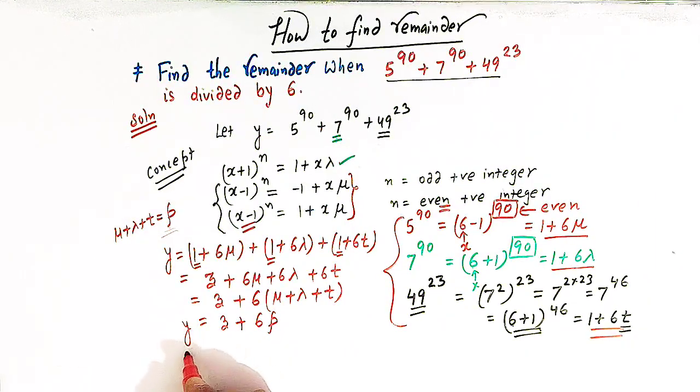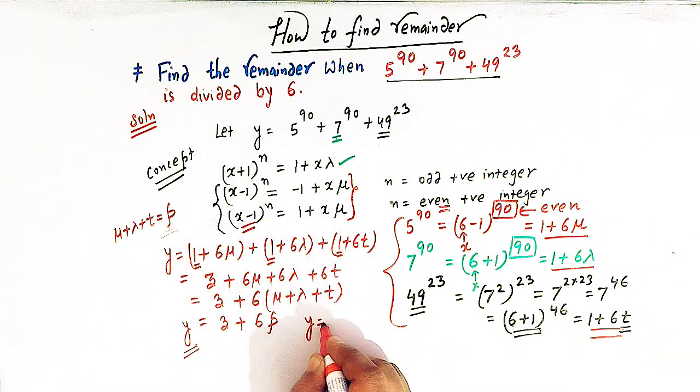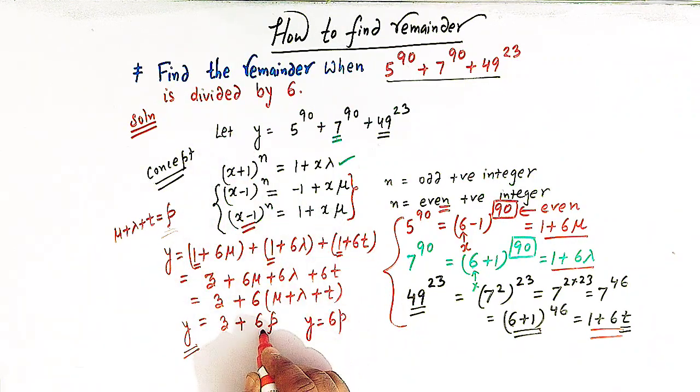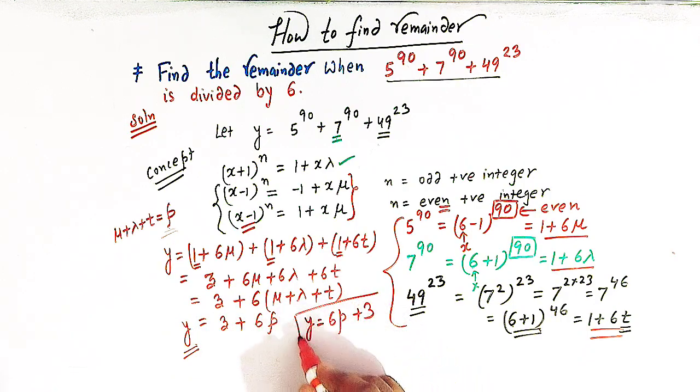So now we have expressed this number y as 6p plus 3. This indicates that 3 is the remainder when y is divided by 6.